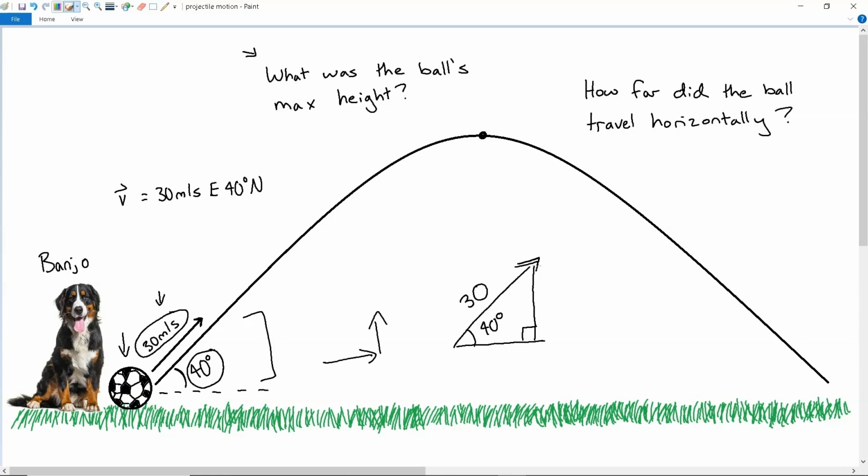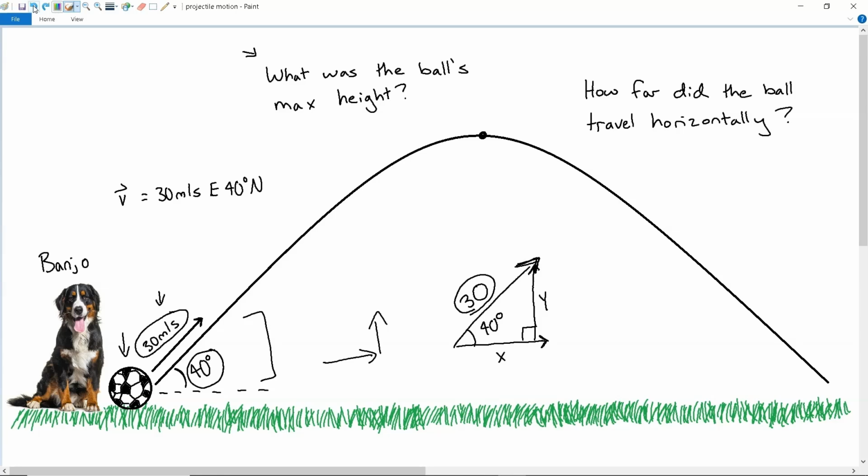This vector in 2 dimensions can be broken down into its horizontal component and its vertical component. That just means that it has a horizontal velocity and a vertical velocity. And when we combine those two, we get our total value for our vector.